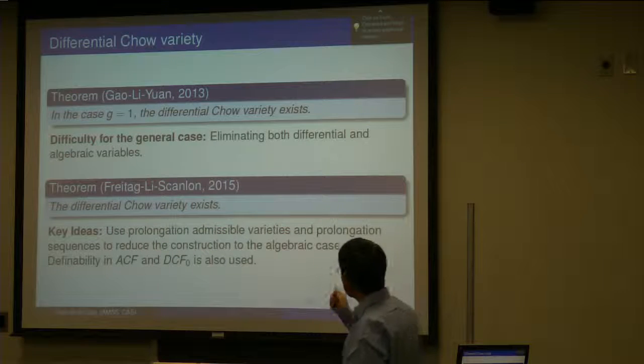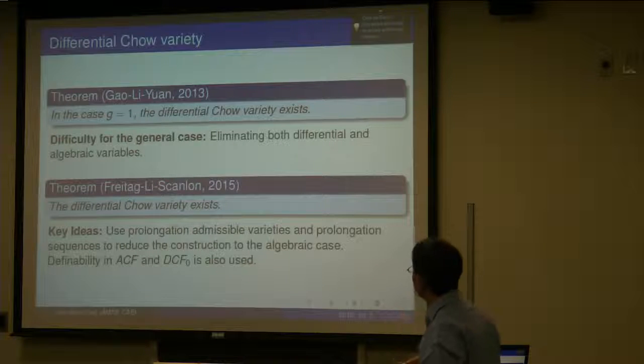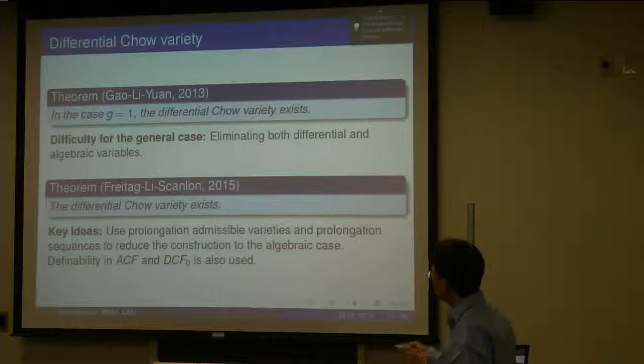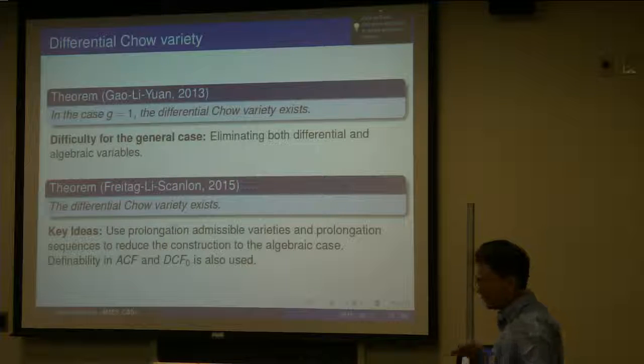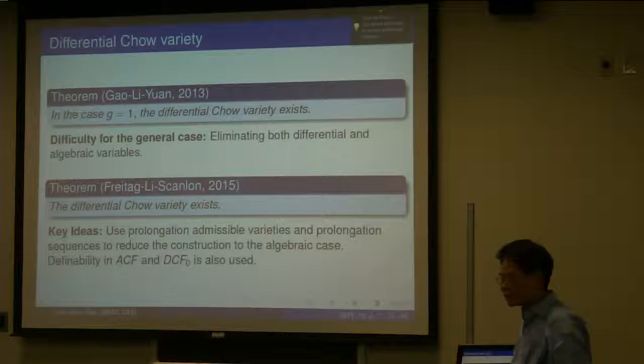They use prolongation and these varieties and prolongation sequences to reduce the construction to the algebraic case, and also use something from model theory, definability in algebraically closed fields. I do not totally understand the paper, but somehow they prove it. So basically, we close this chapter by showing that the differential Chow form exists.